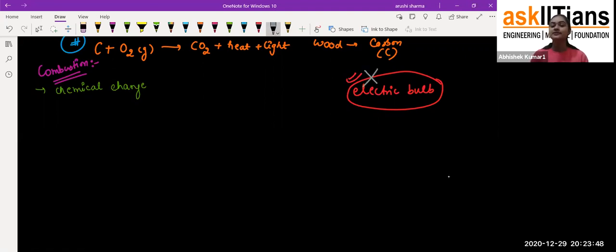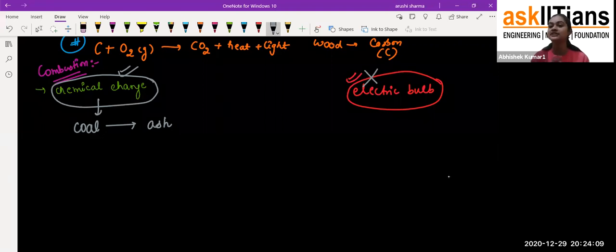Why? Because, students, like I have already told you, it always requires some chemical change. For example, if we take coal, koila, whenever it burns in the presence of oxygen, the coal converts into ash. Exactly, that means the composition is changing here.